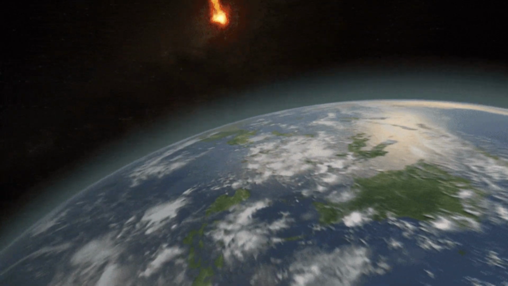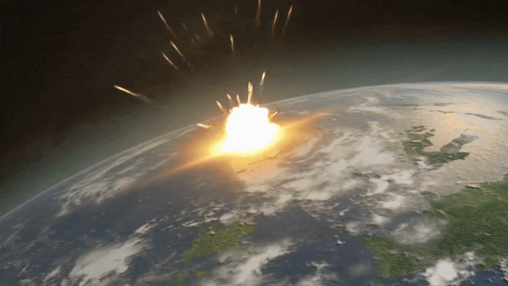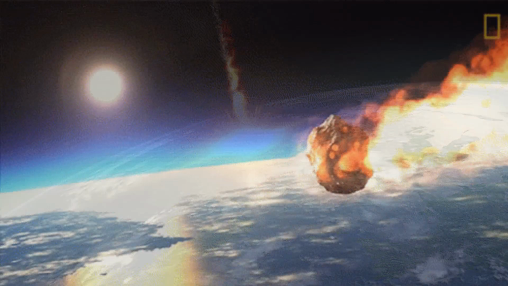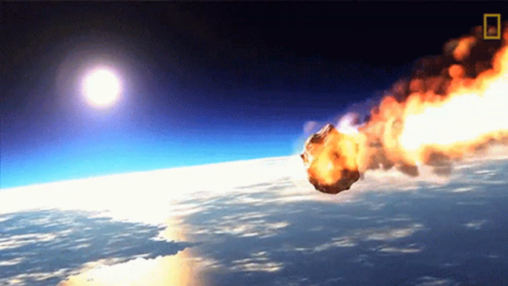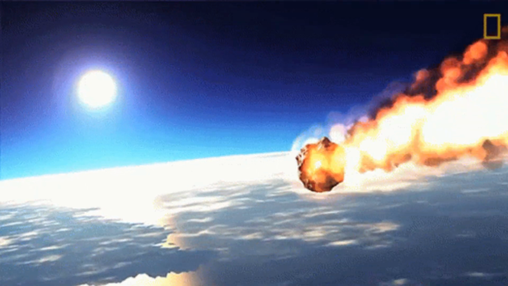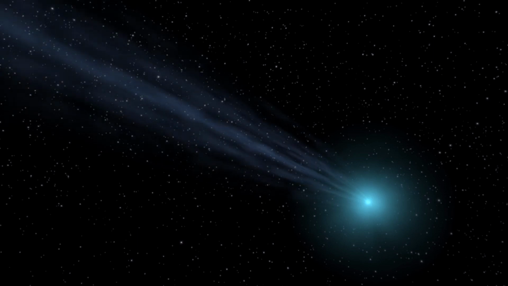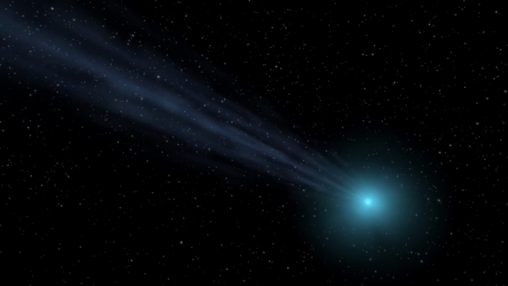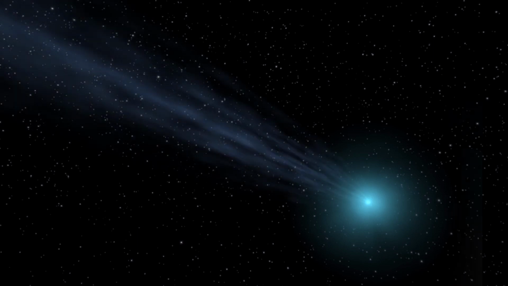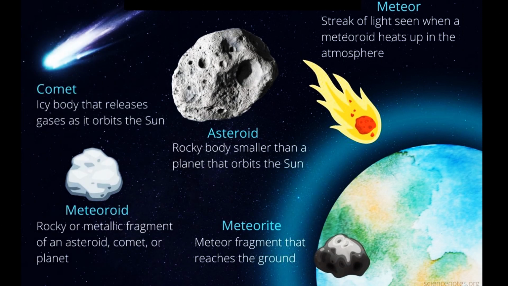So what's a meteoroid in the first place? That is a section or a part of an asteroid which is also in an orbit. A comet is an icy body that releases gases as it orbits the Sun. And we'll talk more about the orbits of these things as we go along.